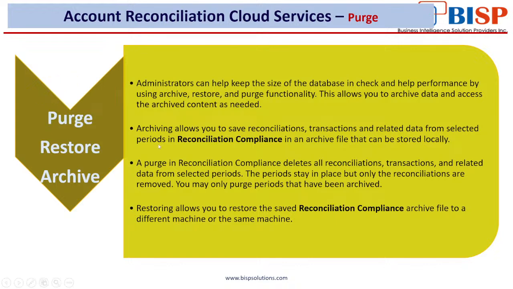Archiving allows us to save reconciliation, transaction, and related data from selected periods in reconciliation compliance in an archive file. So for the different reconciliation compliances, the available data, that is the reconciliation transactions, is saved in an archive file, which can be restored at some other time and can be stored locally.